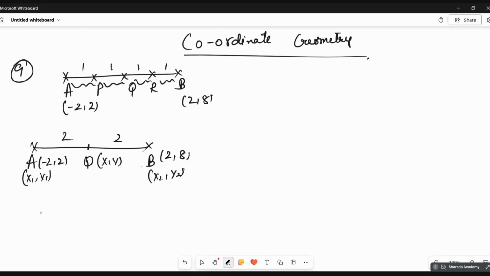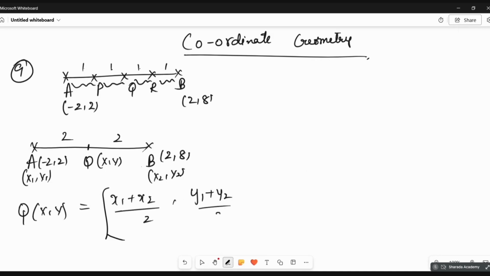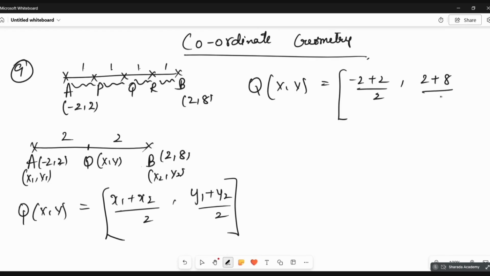So what will be the Q point? Q of x comma y will be equal to, it is the midpoint formula because 1:1 is the ratio. So x1 plus x2 by 2 and y1 plus y2 by 2. So Q of x comma y will be equal to minus 2 plus 2 by 2 and 2 plus 8 by 2.